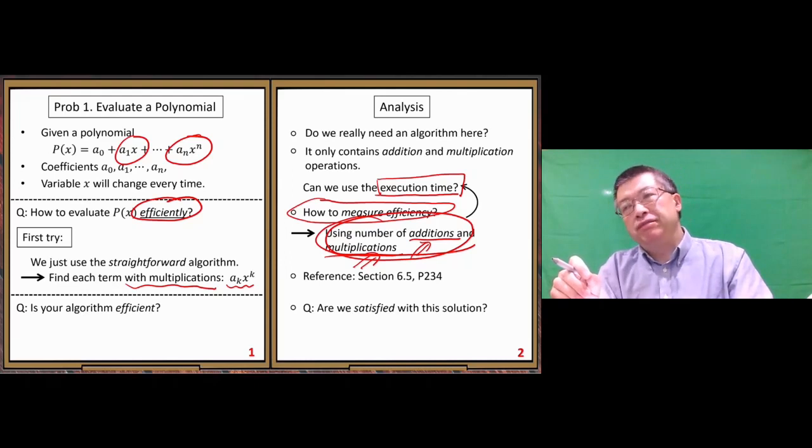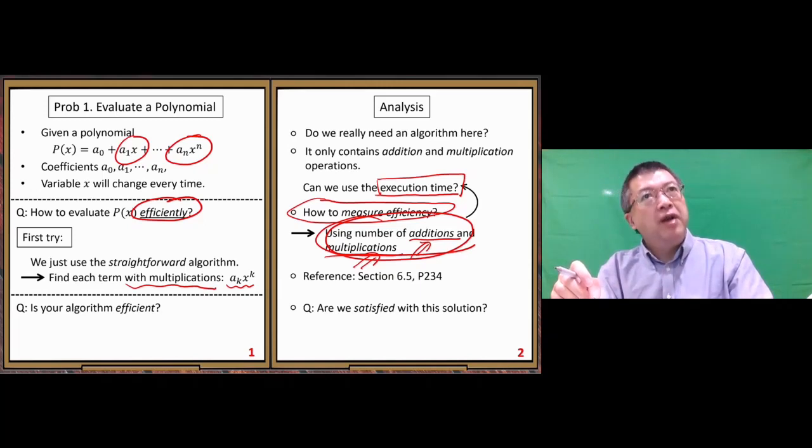By impression, by intuition, most of you may feel it's okay. It's not a bad solution. It's acceptable, things like that. But it's hard to give a precise answer. If there is no comparison, how do you know it's good or not?